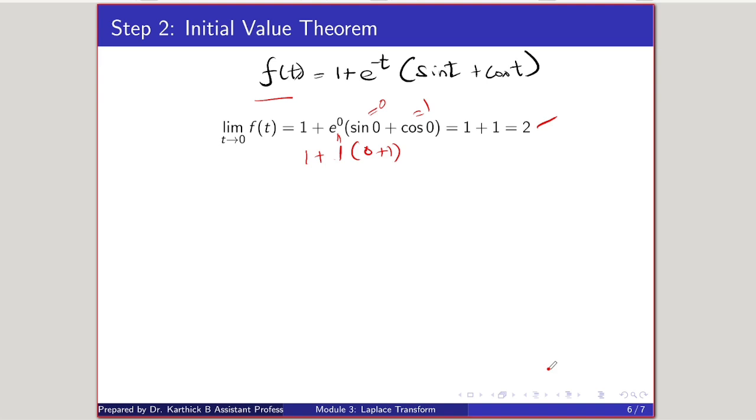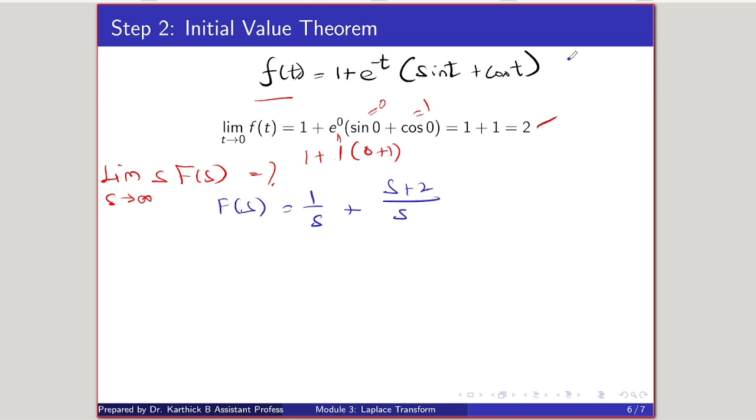So what about the next? We have to find the RHS part. The RHS part will be limit s tends to infinity of s times capital F of s. So we need to find this. Already we have found capital F of s. It will be 1 plus s plus 2 by s plus 1 whole square plus 1. So we want to multiply s with this and find the limit.